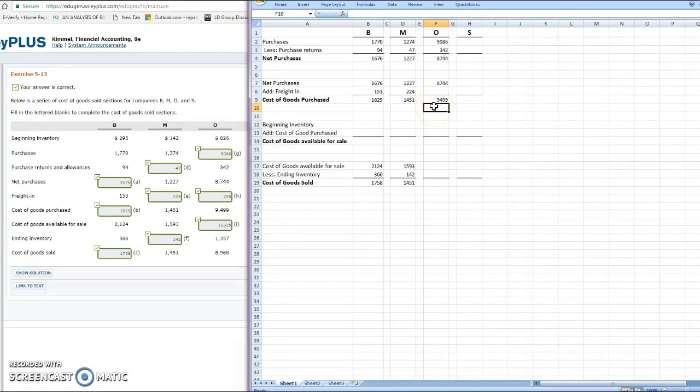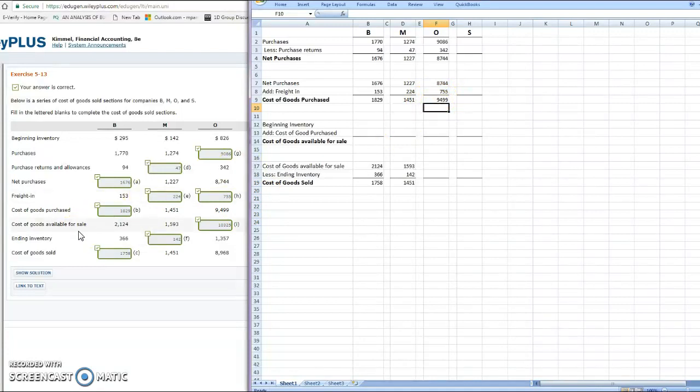So what we will do here, we will take our cost of goods purchased, we will subtract the net purchase, and that gives us $755. So our freight in is $755. Again, we'll just check this. Net purchase plus freight in equals the $9,499. So we know that one's good.